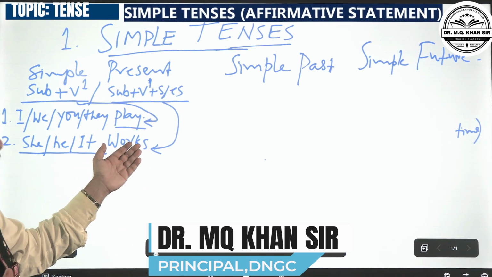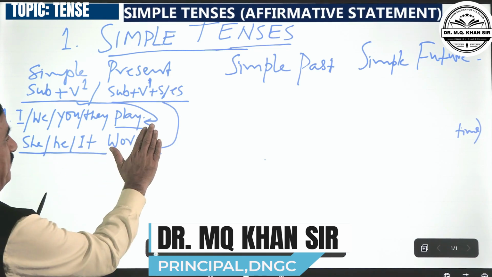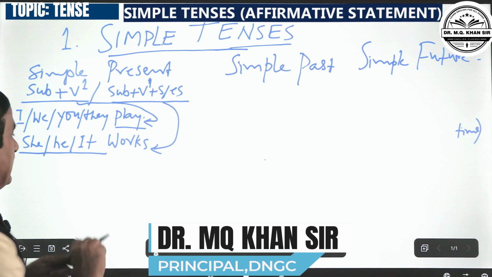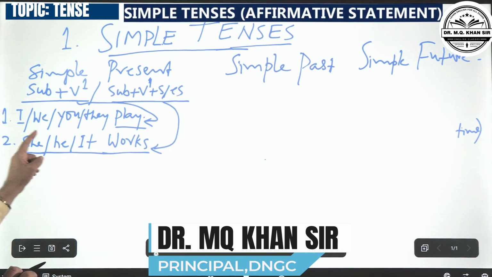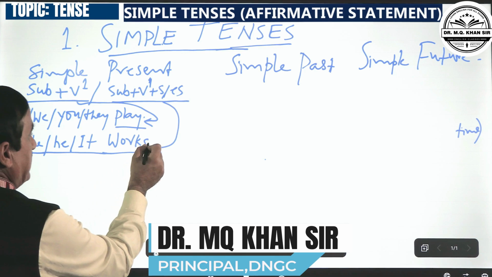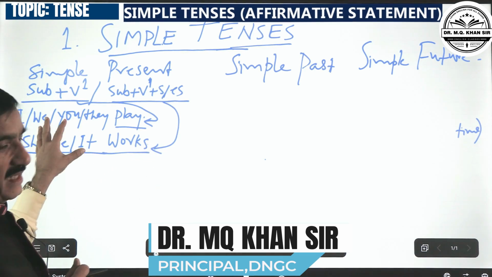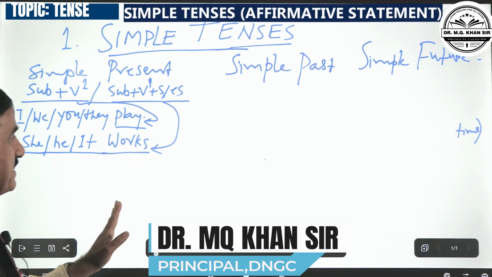So here it is works. If you say she work without S, it will be grammatically incorrect. So she works. Why? Because it is third person singular. She works, he works, it works. I think this is clear, but all these are simple present tense affirmative sentences.